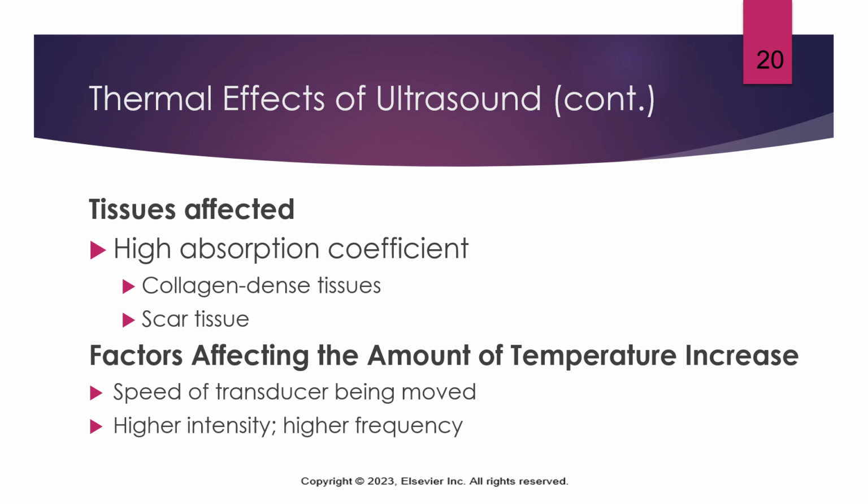We also don't want to move it too fast, even though that's going to help distribute the heat better. We may be reducing the total therapeutic effect on those tissues, so we want nice and controlled movements. We'll talk about the speed at which we want to move that transducer head. We don't want to move it too fast, and we obviously don't want to move it too slow. We want somewhere right in the middle.